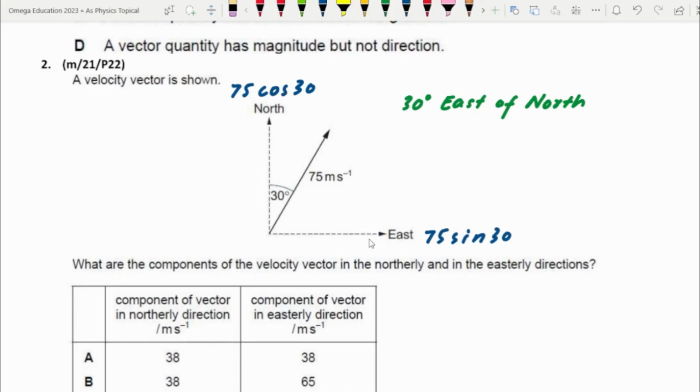So if you sort this out, the vector that is closer to the north, that component is more, because the vector is closer to the north, so that's why that component has more magnitude than the other one.